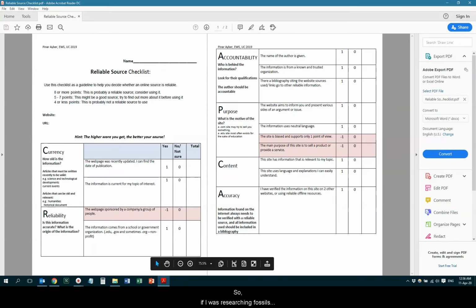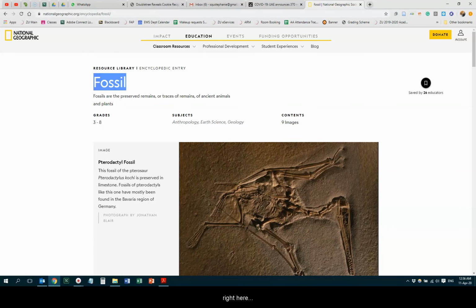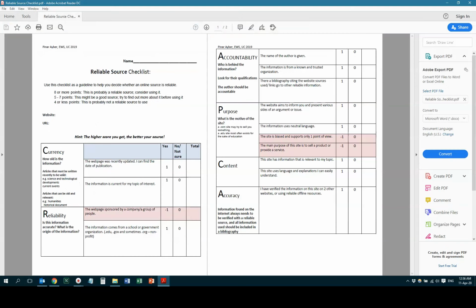So if I was researching fossils, which is right here, okay, could I say that that information is current for my topic of interest? Yes, we can. Why? Because it falls under the heading of historical information. Okay, these are definitions. It's an encyclopedia, so the information is not going to change. Is it reliable?